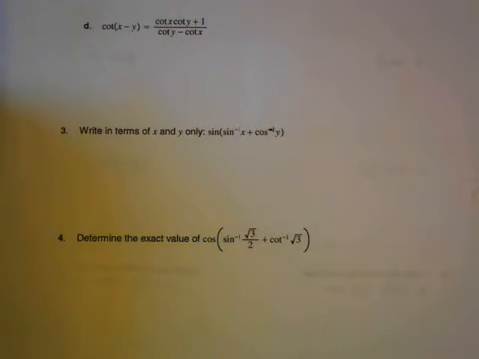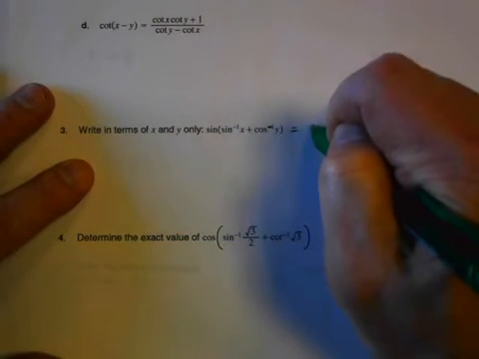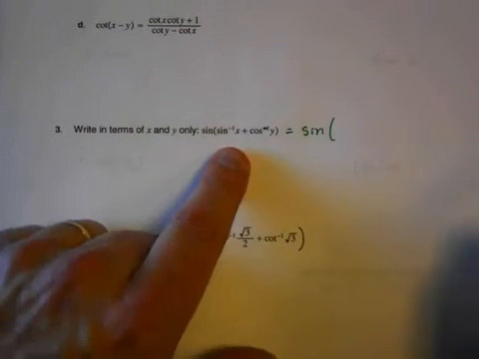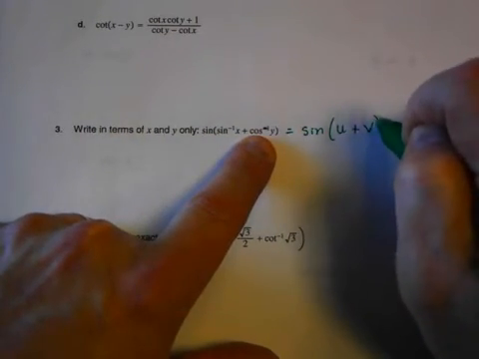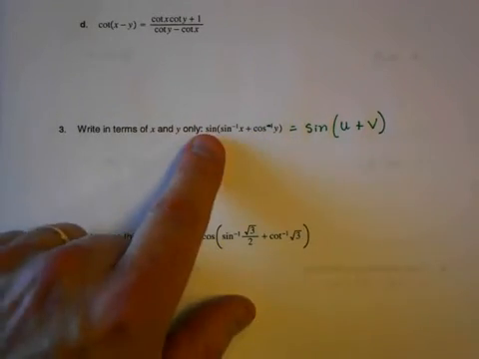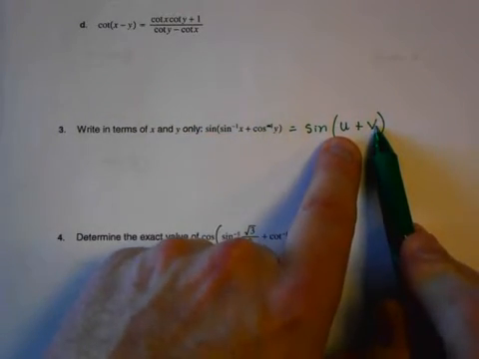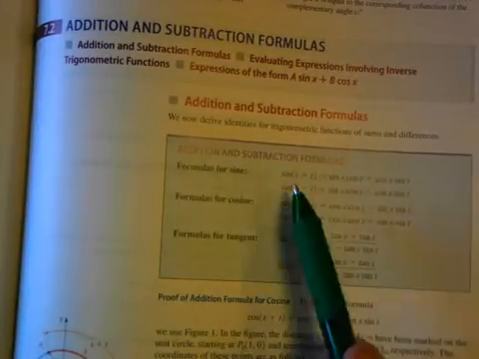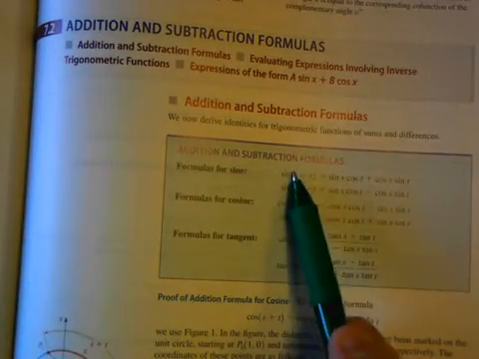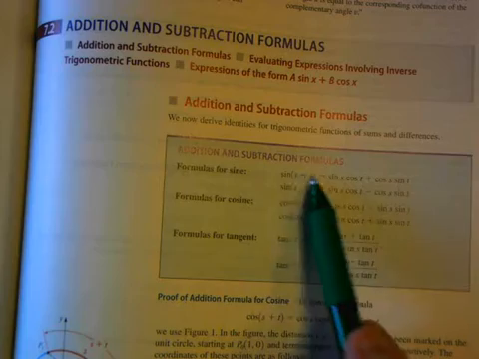No, not any easy way. What I see is I have sine of something plus something else. I have sine, and then I'm adding two things together inside of here. So I use one of the identities. I go back to this identity where I have sine, and inside the parentheses I'm adding two things together.